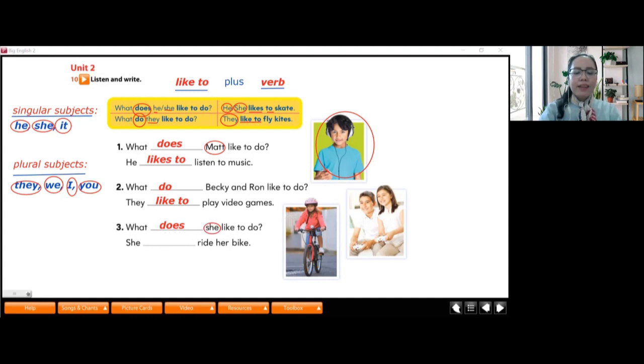The answer, she, we are using singular she, likes to or like to? Good, we are using likes to. Well done, yeah? Now you know how to make questions and how to answer using like to plus verb.